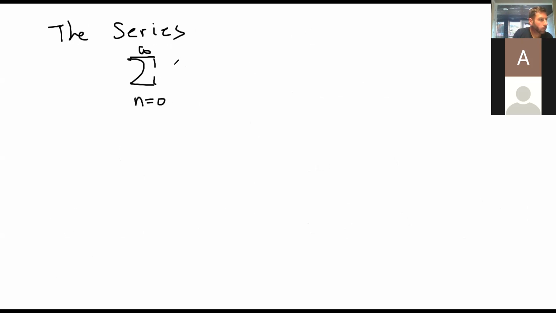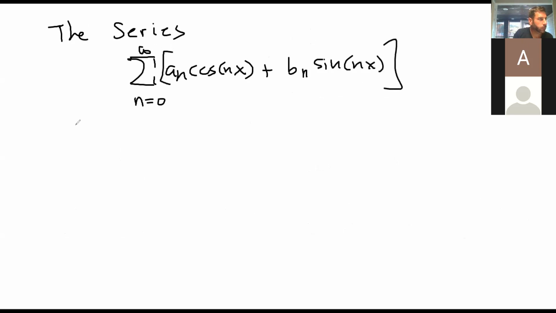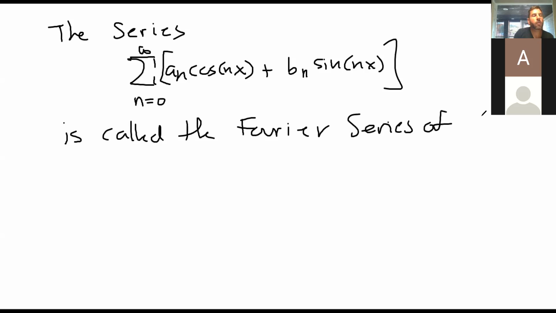Here's some fun stuff for you too. So the series A sub n cosine of nx plus B sub n sine of nx is called the Fourier series of f.